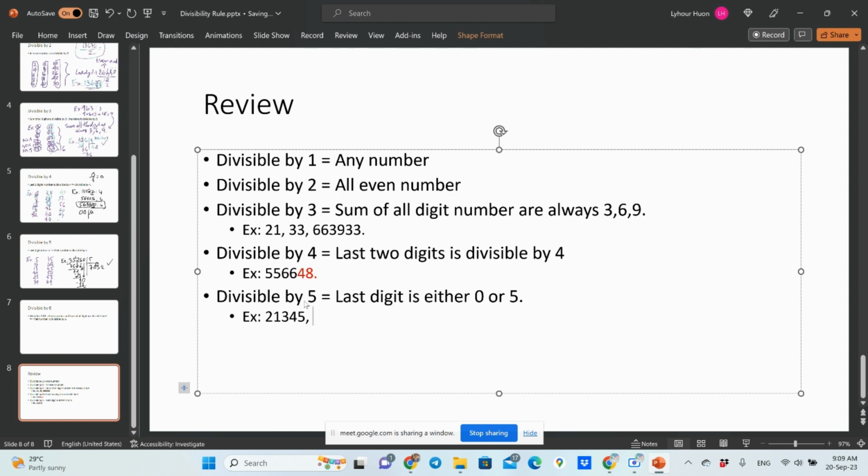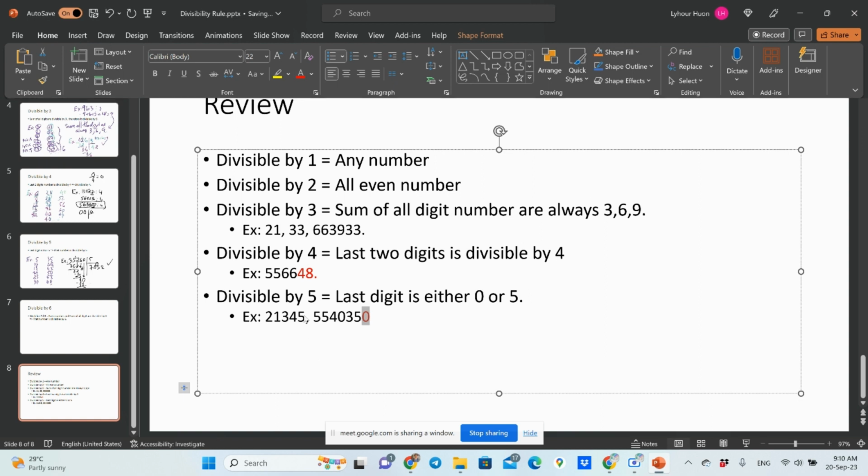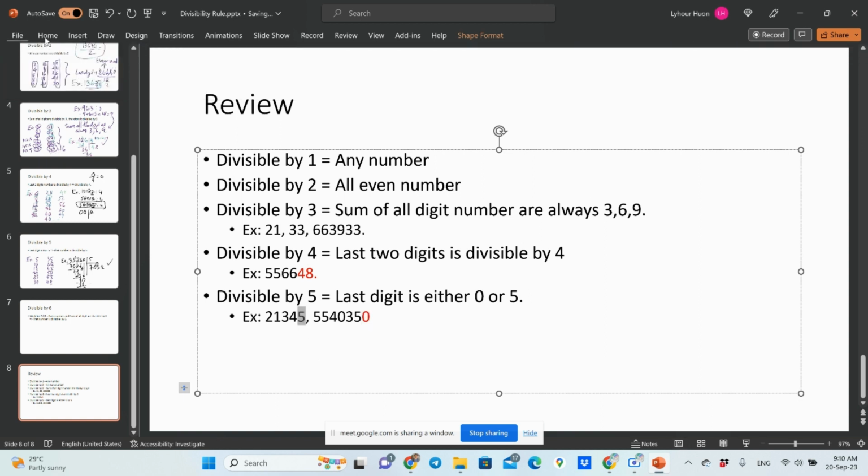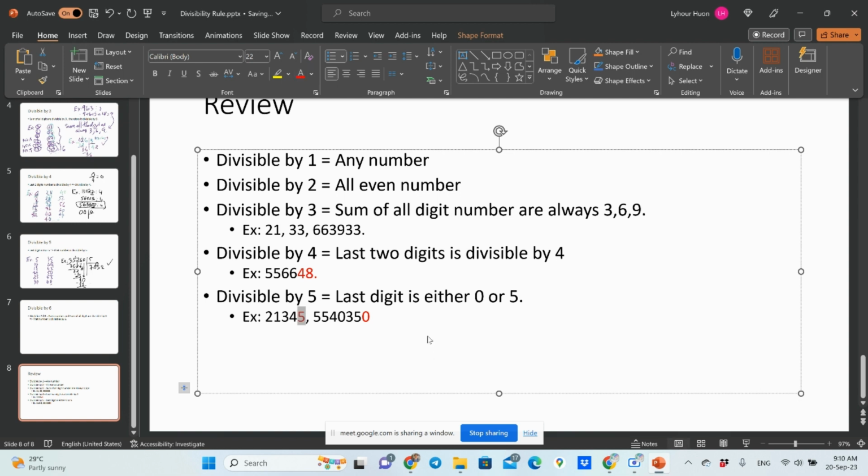Let's say one with 5, one with 0. 55, 40, 350. So we don't care whatever happens before; what really matters is the last digit. If the last digit is either 0 or 5, then it must be divisible by 5.